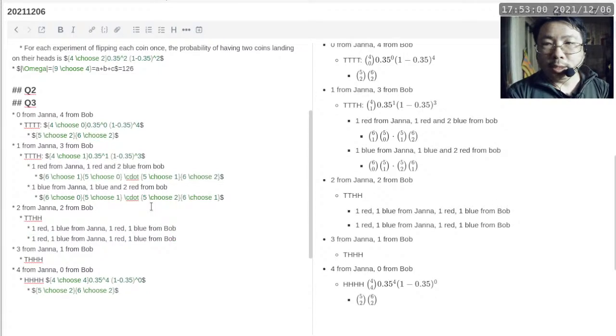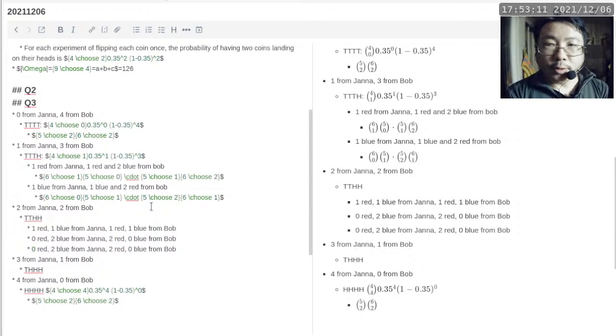The second way is to have 0 red, 2 blue from Jana, and then 2 red and 0 blue from Bob. And then the third one is 2 red, 0 blue from Jana, and then 0 red and 2 blue from Bob. So those are the 3 subcases. And then for each subcase, it's going to look something like this, except the top number for each combination is going to be the same.